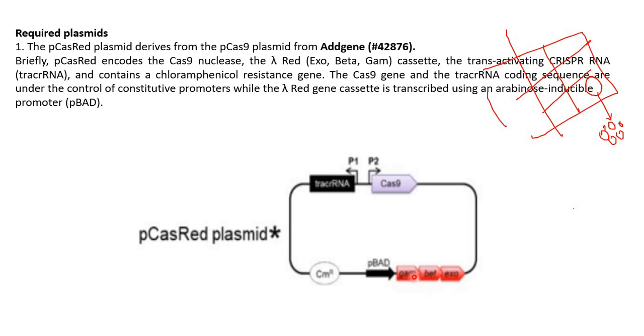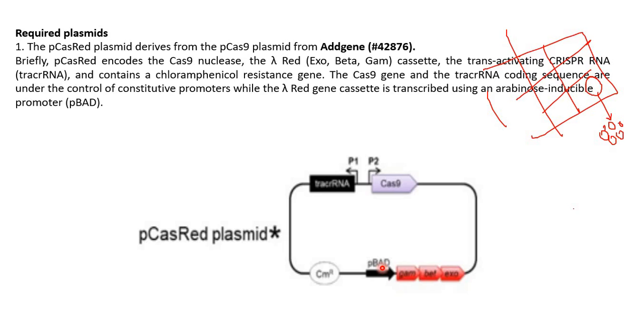Then these are the recombinase genes which help in the recombination. As I told in my last lecture, when you are doing CRISPR, there will be either non-homologous end joining or homology directed recombination, in which you will provide the donor. So for that you need the recombination enzymes, and these enzymes are present in this vector under the control of the PBAD promoter.